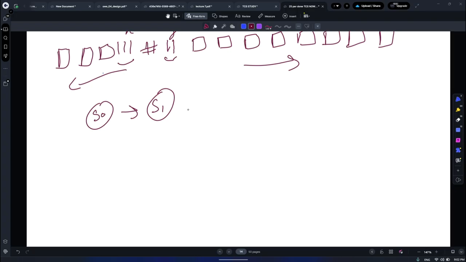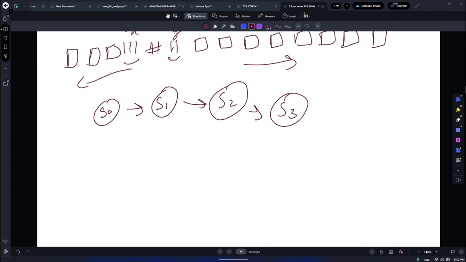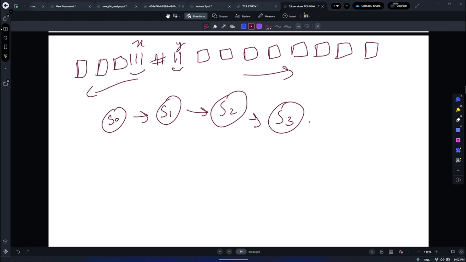So we can make a state that goes from S1 to S2, and then from S2 to S3, and a state that goes from S3 to S4, and from S4 to S5.